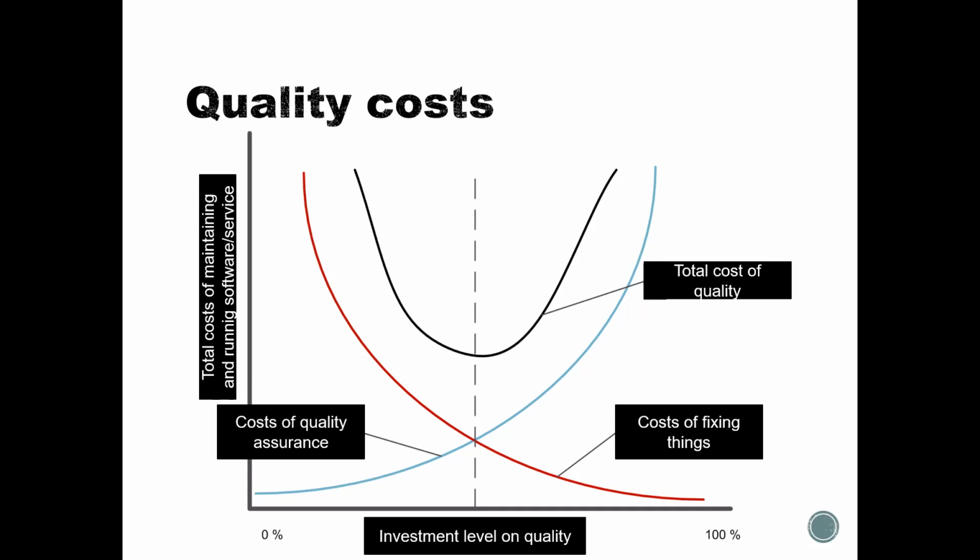However, when you invest a lot on quality, the cost of fixing things after a certain period is going to decrease very sharply. At the center of this graph, the black curve represents total cost of quality. What is the total cost of quality? It is the sum of the cost of quality assurance and the cost of fixing things. So the total cost of quality is going to remain between these two margins.